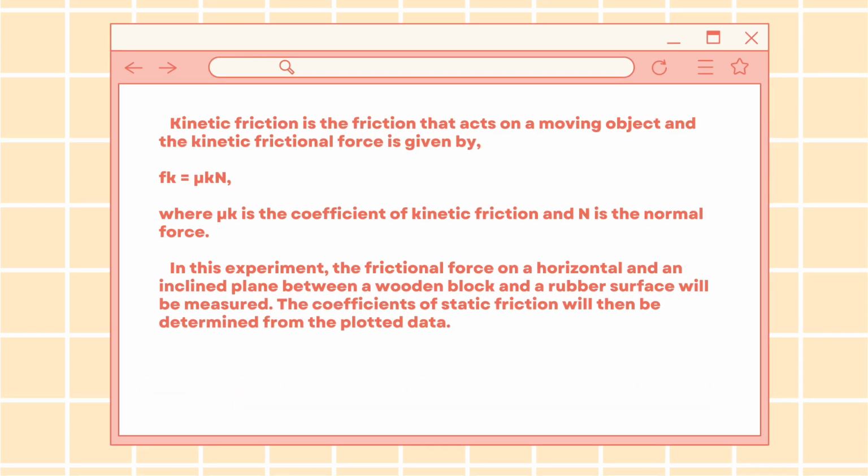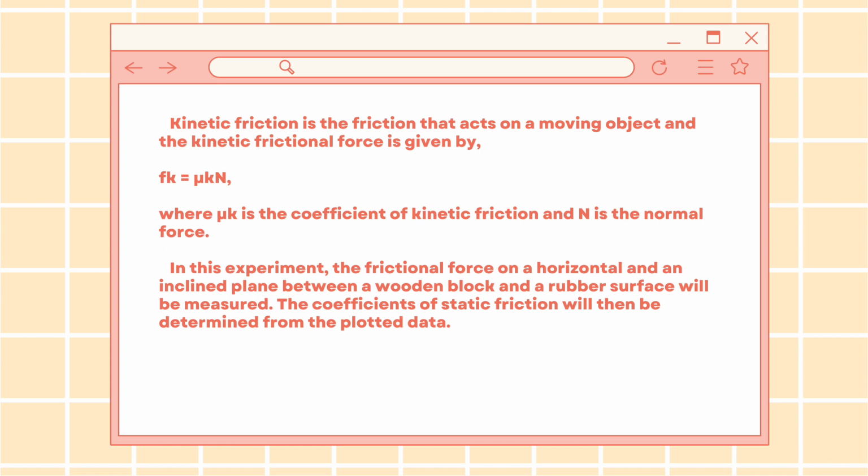Kinetic friction is the friction that acts on a moving object, and the kinetic frictional force is given by f k equals mu k N, where mu k is the coefficient of kinetic friction and N is the normal force. In this experiment, the frictional force on a horizontal and an inclined plane between a wooden block and a rubber surface will be measured.